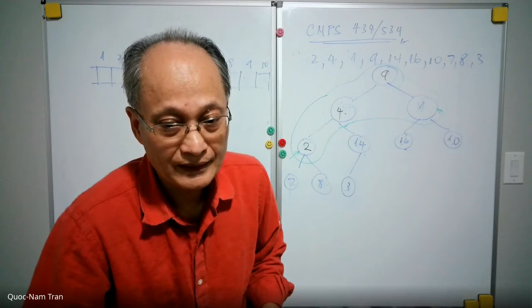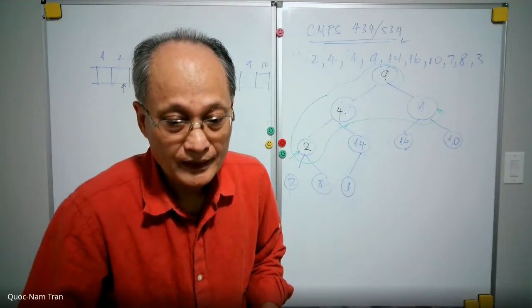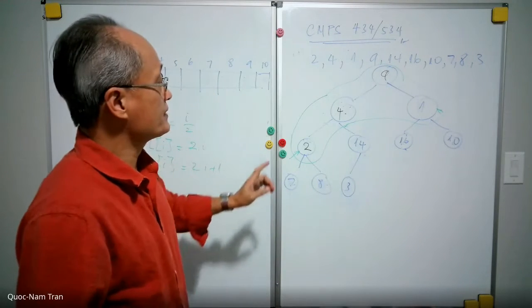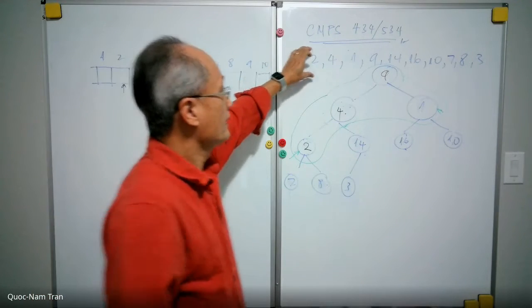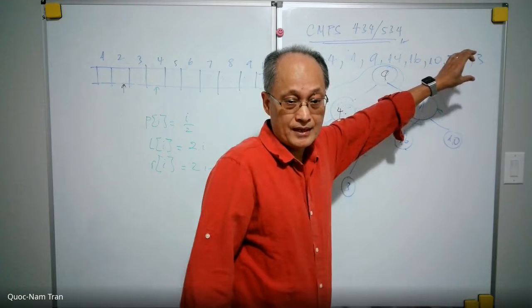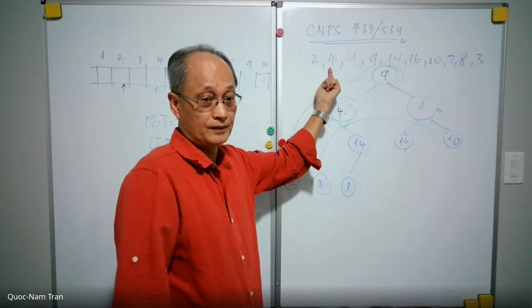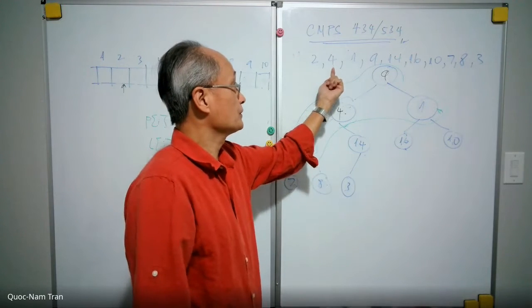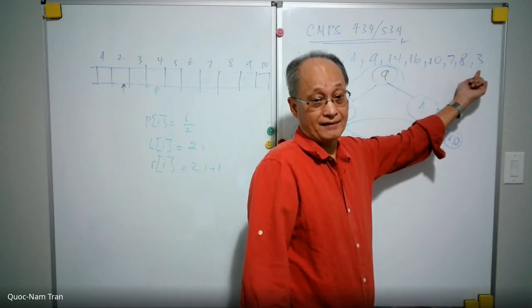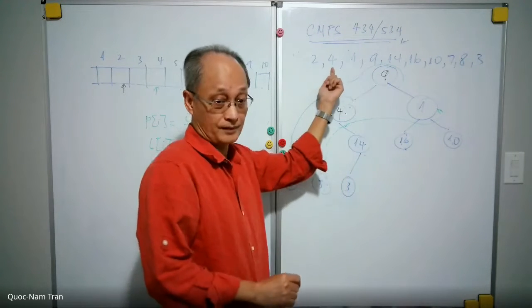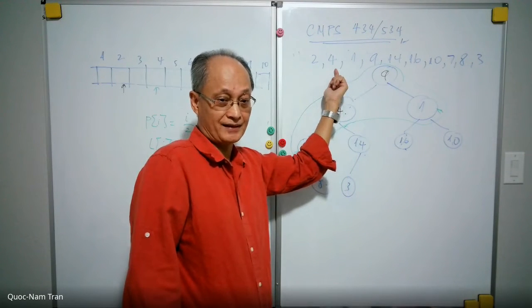All right, so let me show you the algorithm. So the algorithm is very simple, right? So given an array of numbers as the input, we just have to have a for loop, okay? For I from 2 to n, right? Then just reheap up from that I position, right?